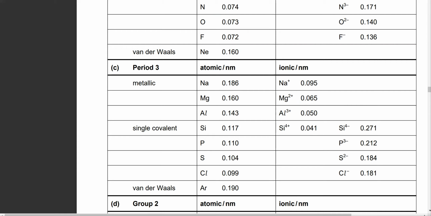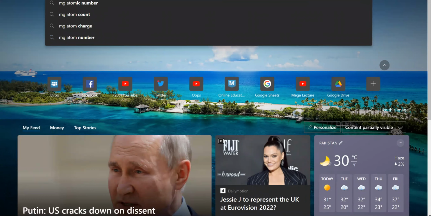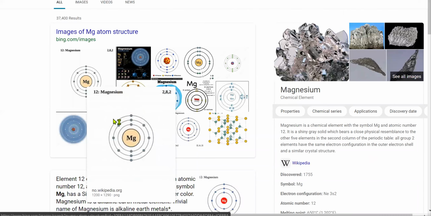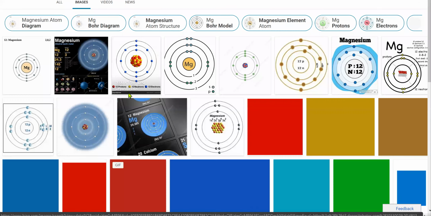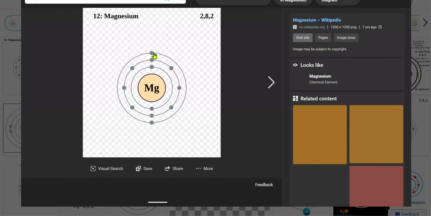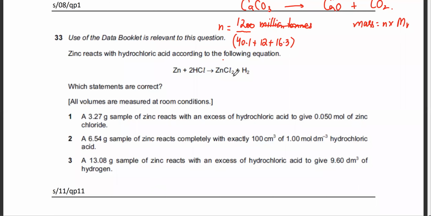Like, just to clarify this, this is what an Mg atom looks like. Now Mg1 plus is going to have an outer shell. Mg2 plus is not going to have an outer shell. Is this point clear? Is this clear? Yes, sir.